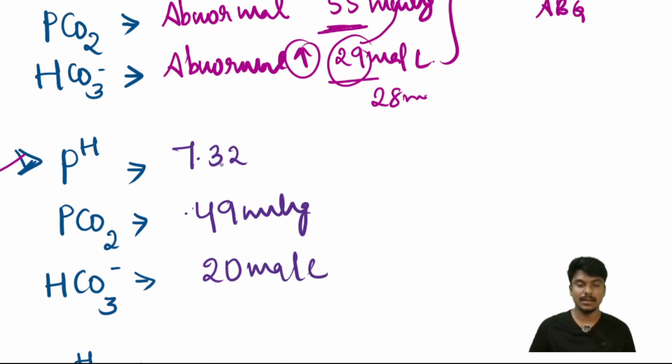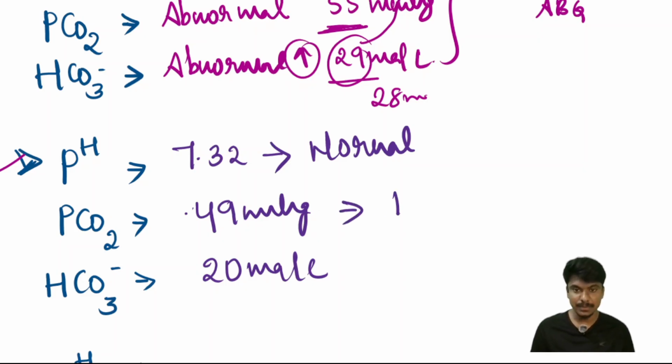If you try to validate the parameters, pH is now normal, 7.34 to 7.43. pH is normal, and PCO2 is increased. Normal is 45, so it's abnormal. So I can say PCO2 is abnormal. PCO2 is nothing but PaCO2.